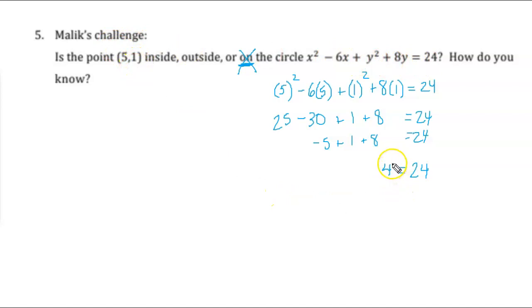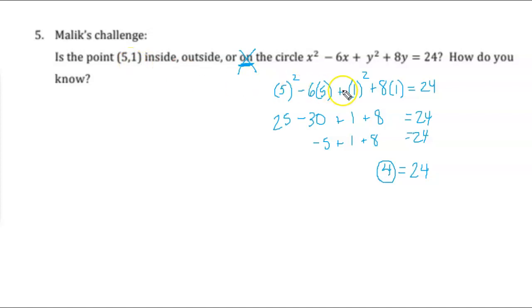So we found that this circle that was at this center and went to this point had this for its hypotenuse squared, and our circle had 24 for its hypotenuse squared. That would imply that this one's hypotenuse was smaller. They had the same center, but this one was a smaller circle. That would imply that this point is inside the circle.